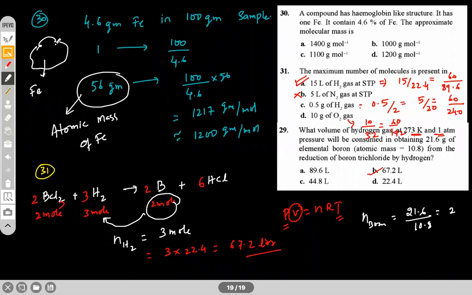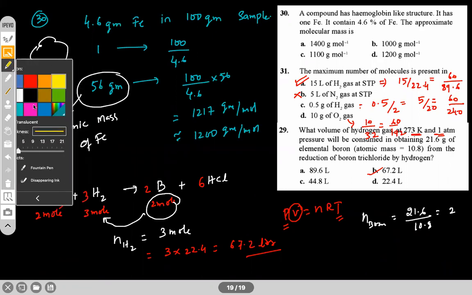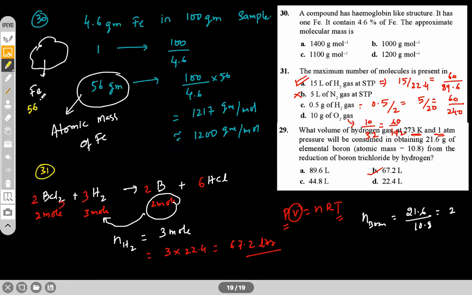It means if you take one molecule of this compound, in that molecule we have only one Fe present. And if only one Fe is present, the mass of Fe in that sample should be 56. So corresponding to 56 gram of Fe, what is the mass of this sample?